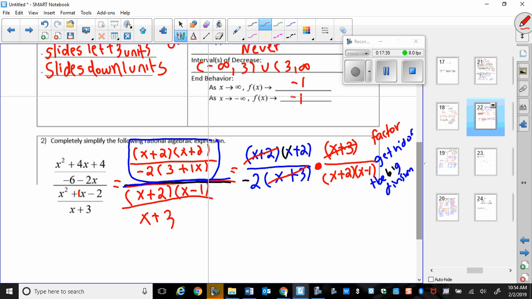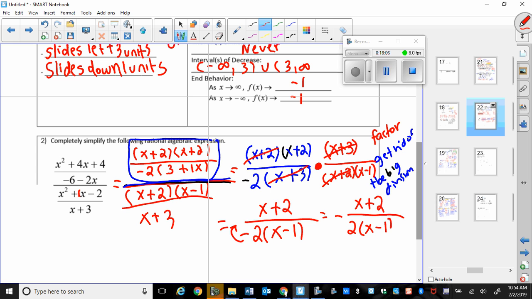X plus 2 cancels, only 1, and I'm left with x plus 2 divided by negative 2 parentheses x minus 1. I simplify. The negative comes to the middle, so I have negative x plus 2 over 2 times x minus 1.